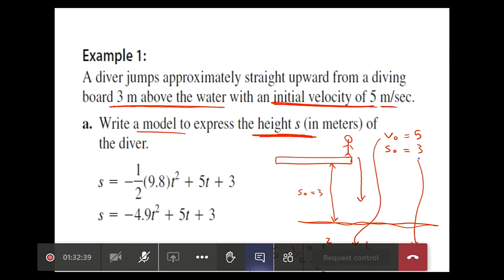Meters. So put G as 9.8 because we have meters, not feet. This is the equation of S. Multiply negative half with 9.8, we have negative 4.9 t squared plus 5t, where this is the V naught and this is the S naught.